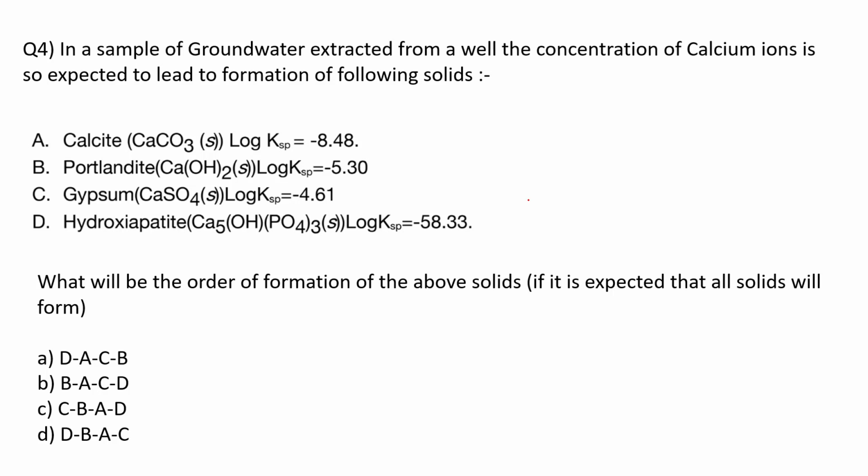All these are solids, but with different anions. One is carbonate, second is portlandite, that is calcium hydroxide, third is gypsum, meaning calcium sulfate, and D is hydroxyapatite, a phosphate salt. Some are carbonate, sulfate, hydroxide. And we have seen the KSP values of all these also.